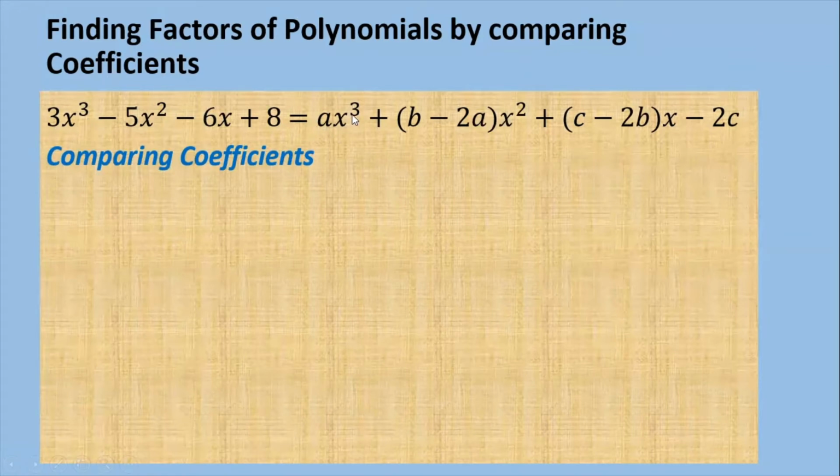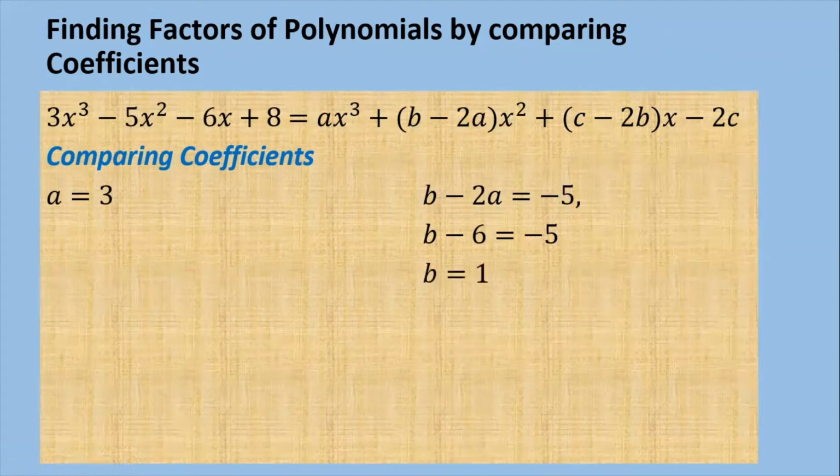So that's pretty straightforward, right? So a will be equal to 3. Good. Now, look at this one. (b minus 2a)x squared. Here you've got negative 5x squared. So comparing coefficients, we have b minus 2a equal to negative 5. But what is the value of a? a is 3. So that will be b minus 2 times 3, which is 6, equal to negative 5. b will be equal to negative 5 plus 6, which is 1.